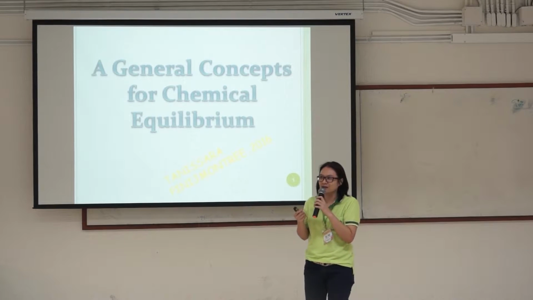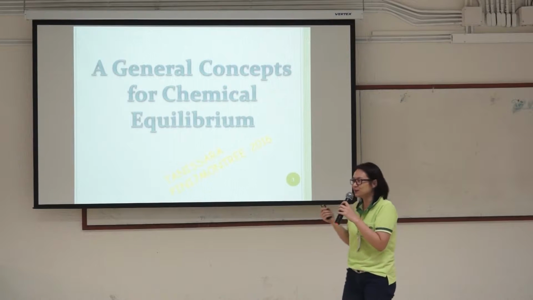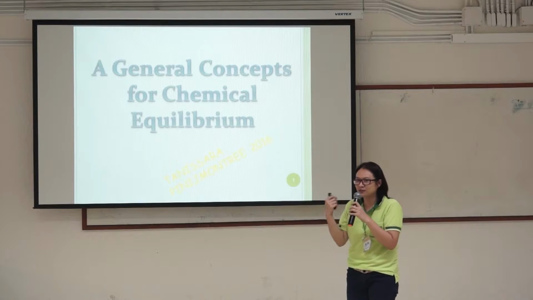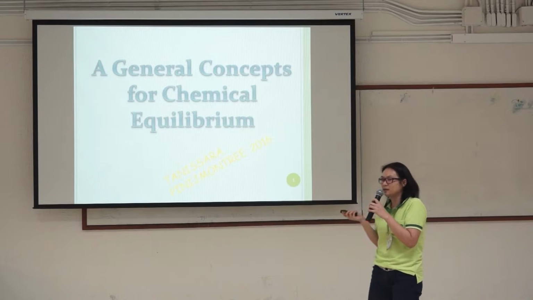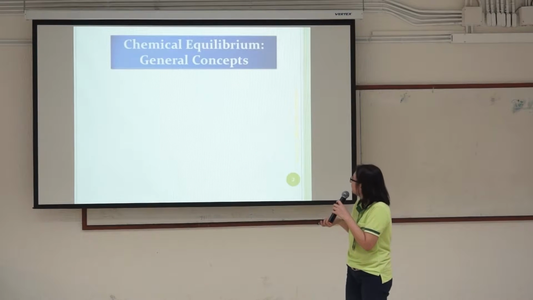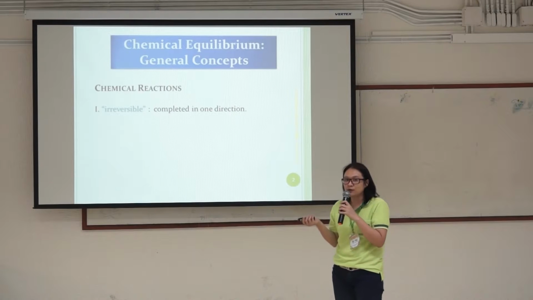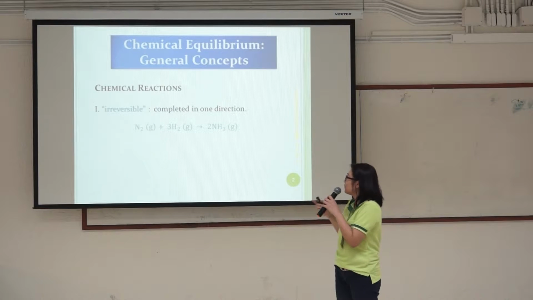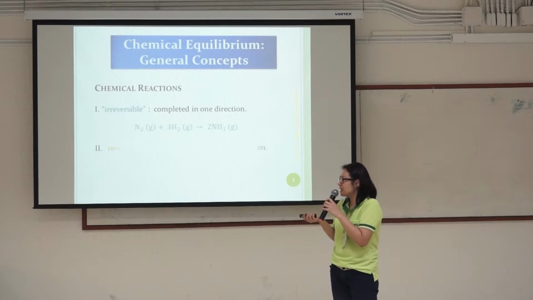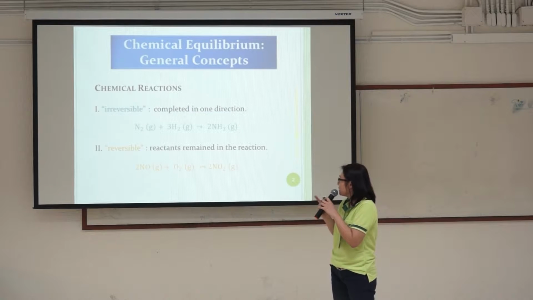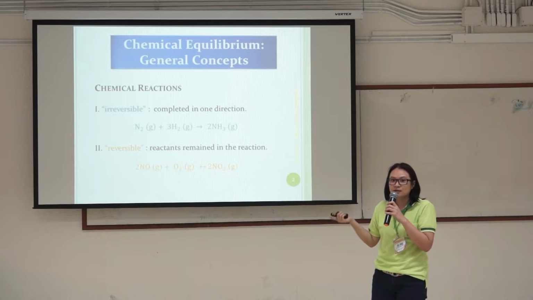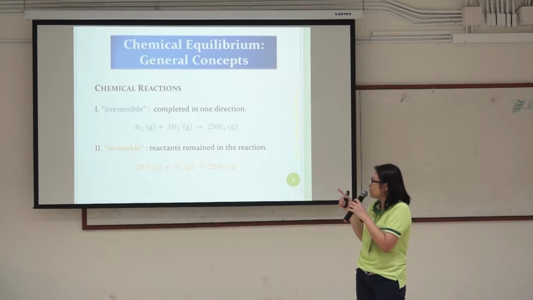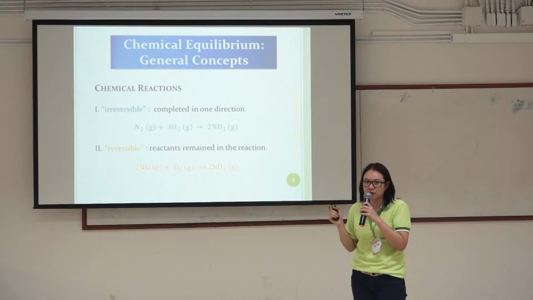So today I will give you just a little bit about the concept of chemical equilibrium. First of all, we have to know about the types of reactions. We have two types. The one is where the reaction is complete in one direction, so we call this an irreversible reaction.